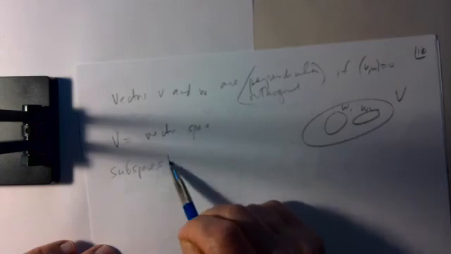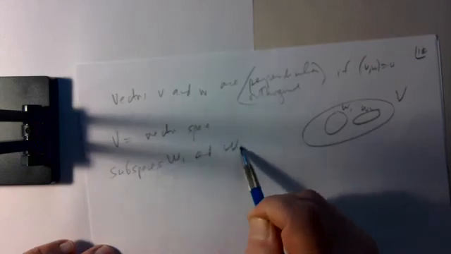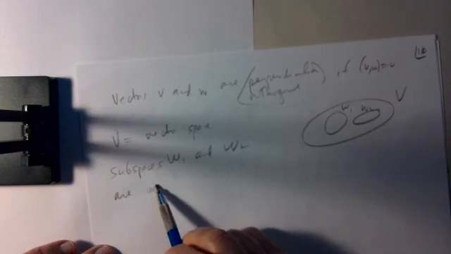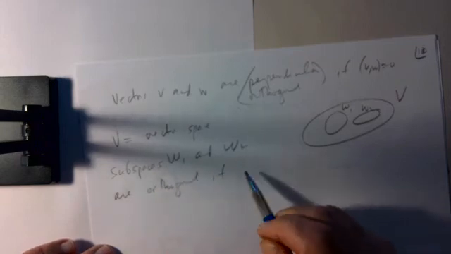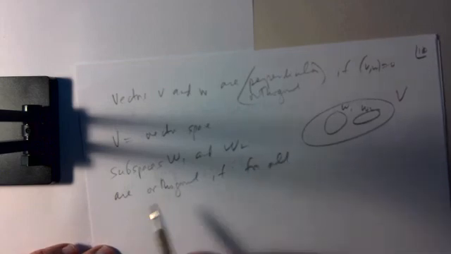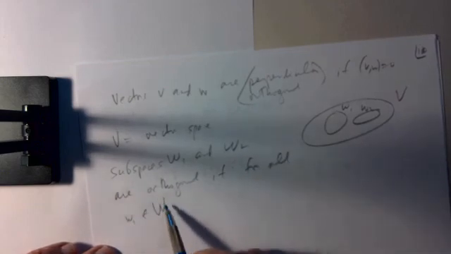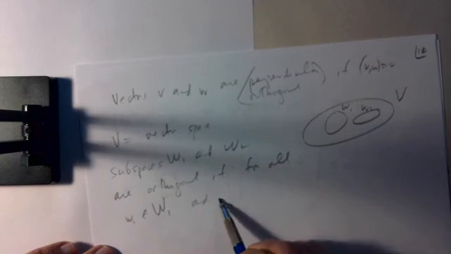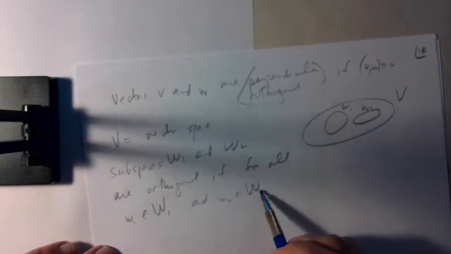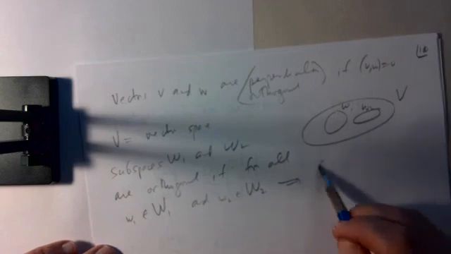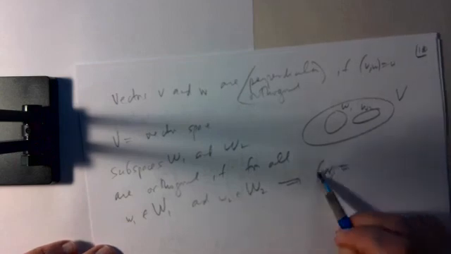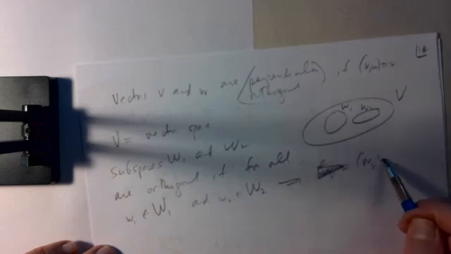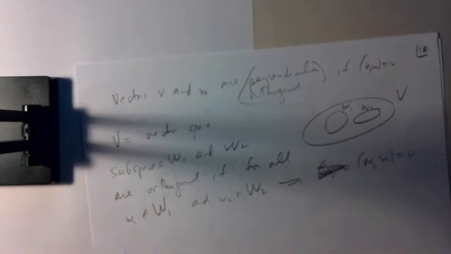So we say that subspaces W1 and W2 are orthogonal if for all vectors little w1 in the subspace W1 and little w2 in the subspace W2, their inner product is 0.